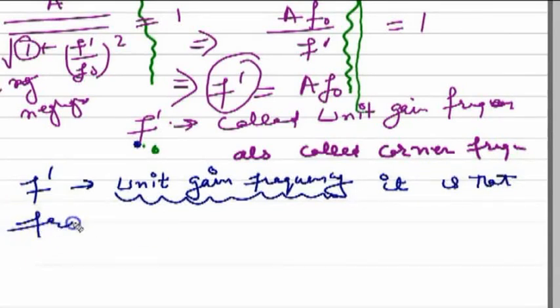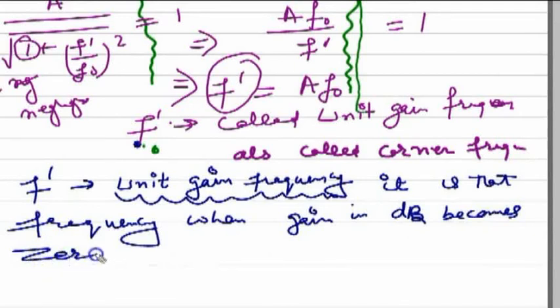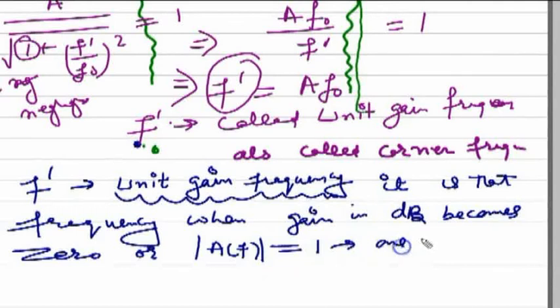It is that frequency where the gain in decibel becomes 0, and the gain in magnitude becomes 1. That frequency, F dash, is called the unit gain frequency.